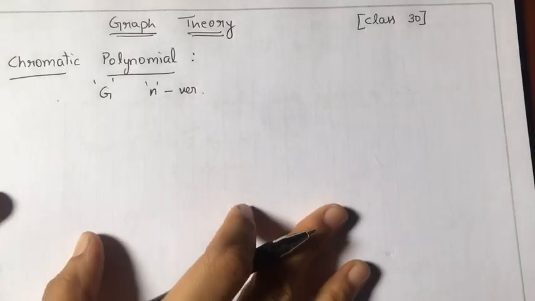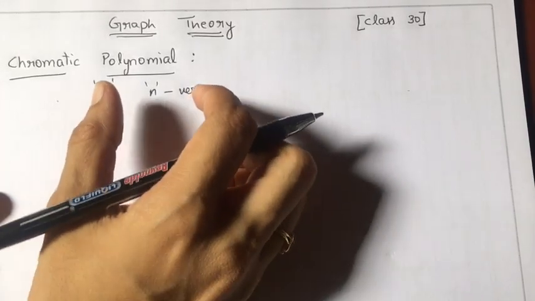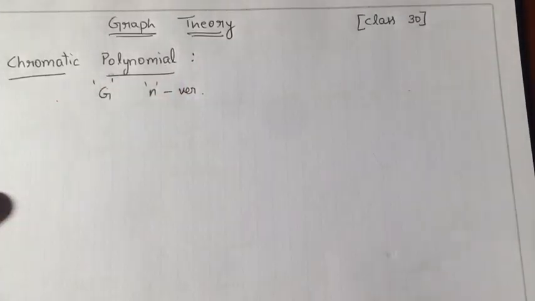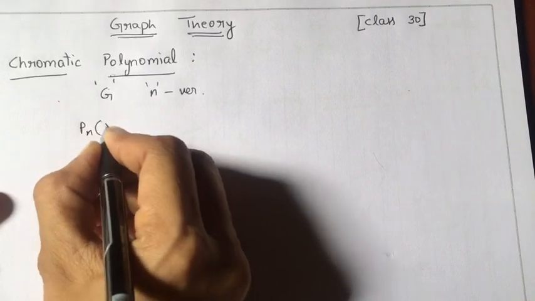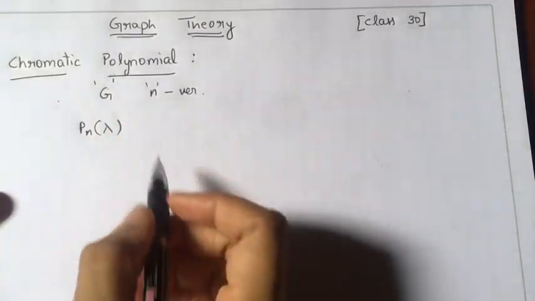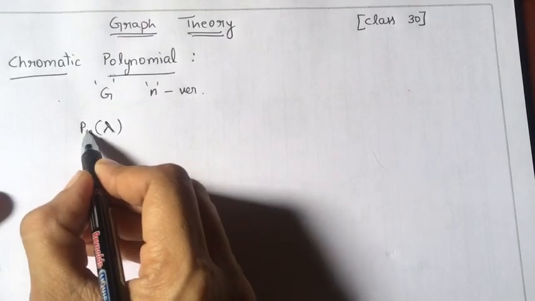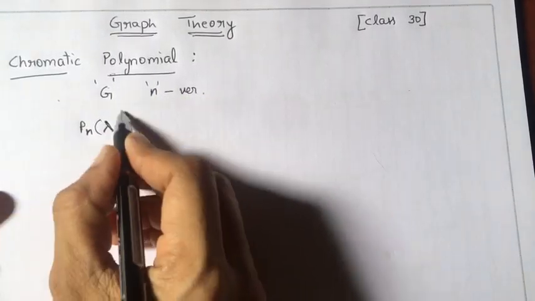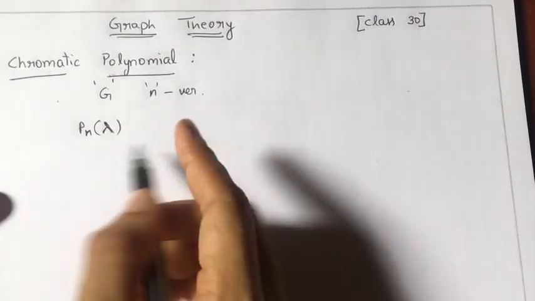This property of a graph can be expressed by using a polynomial, and that polynomial is nothing but chromatic polynomial, and it is denoted by, say, Pn of lambda. I'm using lambda colors, and graph G has n vertices. This is the notation. There are many ways of denoting chromatic polynomial.